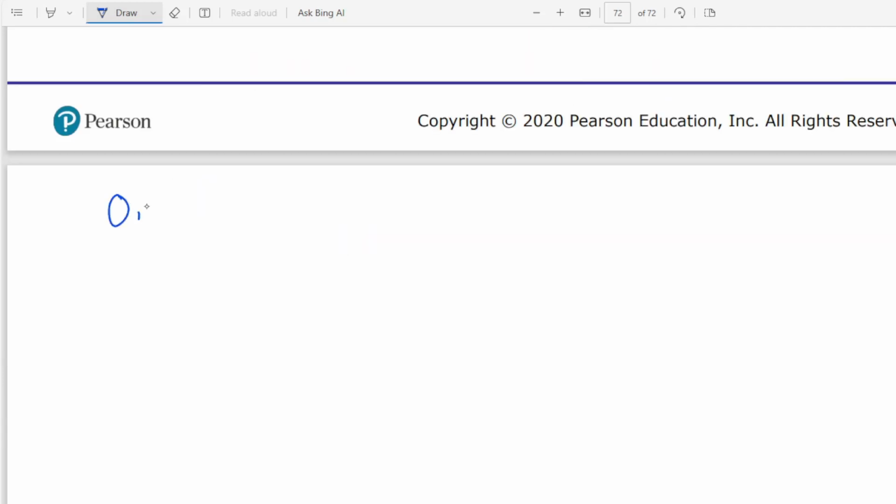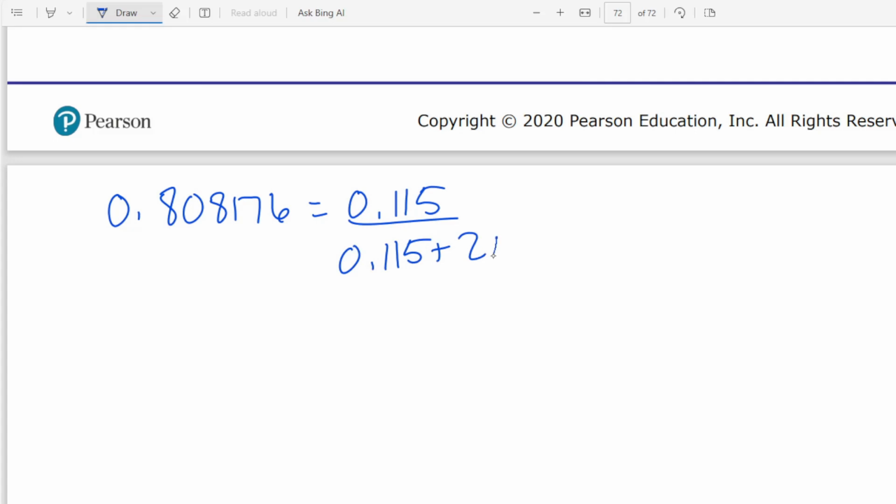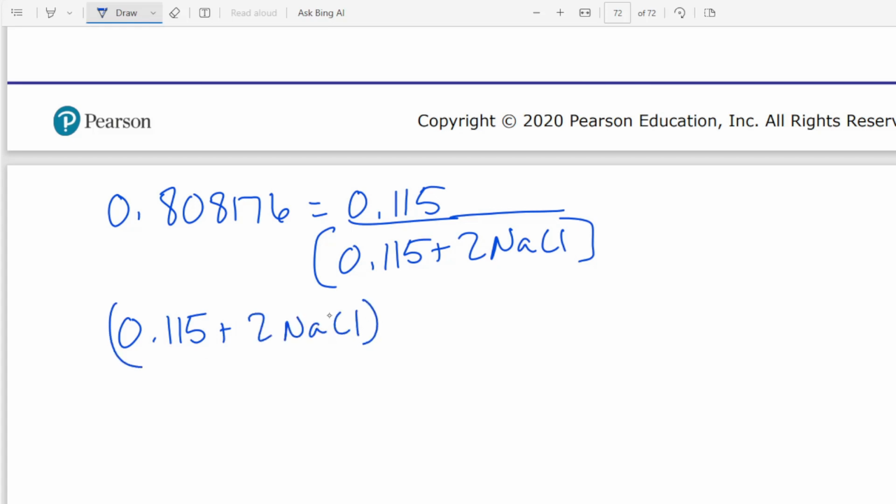So we saw earlier that 0.808176 is equal to 0.115 divided by 0.115 plus 2 NaCl. Alright, and so what I'm going to do is multiply both sides by the denominator. So 0.115 plus 2 NaCl times 0.808176 is equal to 0.115.